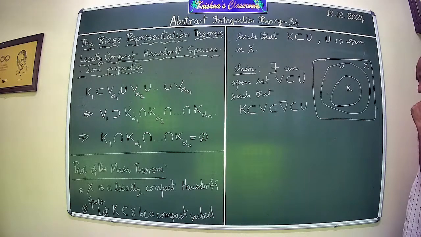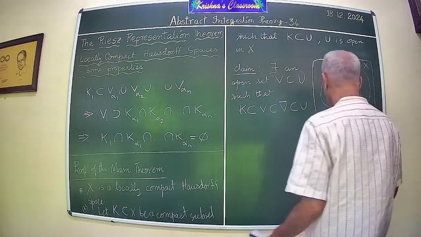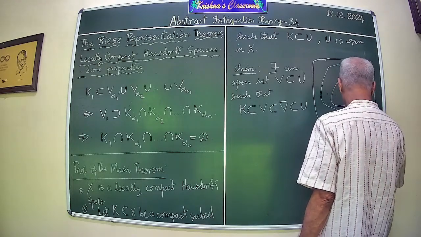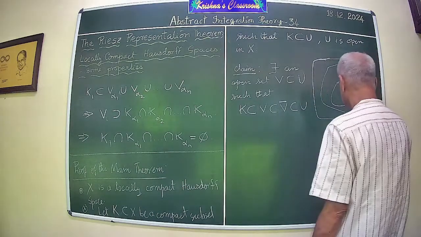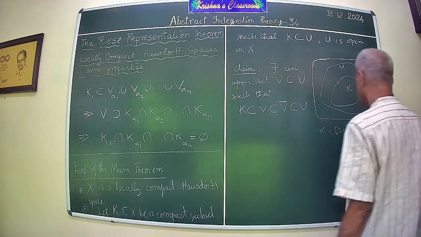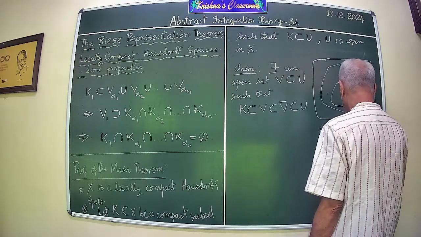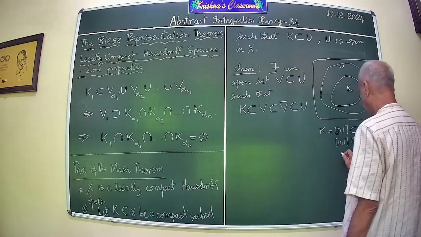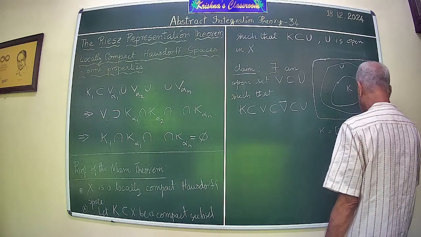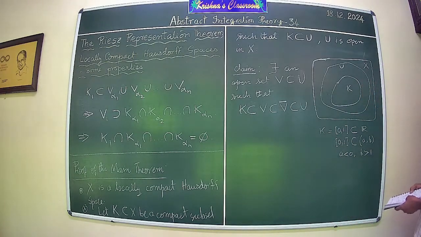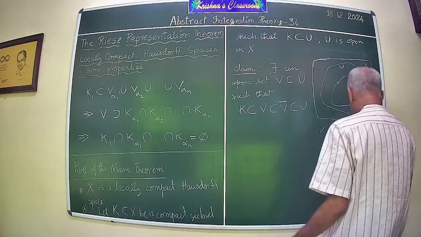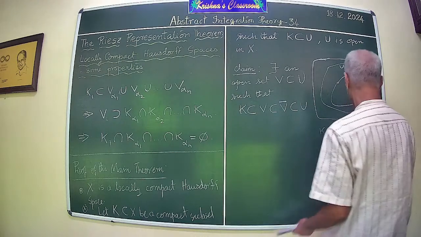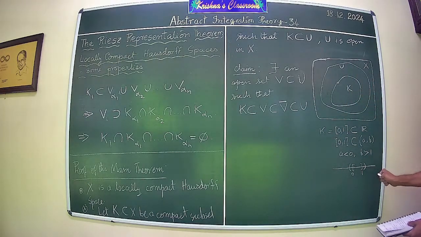Let me go back to the same example that I said. If [0,1] is a compact set K in R, if it is contained in some open set (a,b), then a is less than 0 and b is greater than 1.